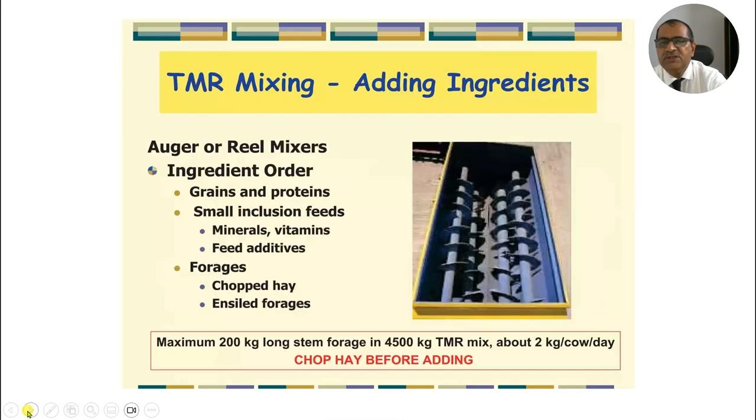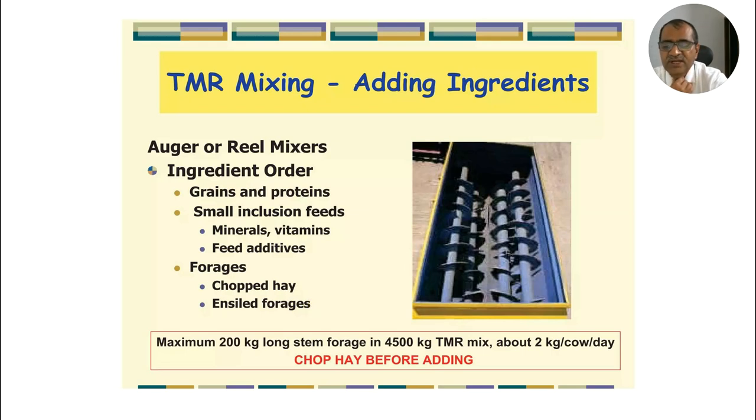Then another thing is the total milk ration, where we need to add different ingredients by prior calculation, like grains and proteins. Then small inclusion feeds like minerals, vitamins, feed additives, then forage, which may be chopped, or sometimes ensilage forage or haylage.